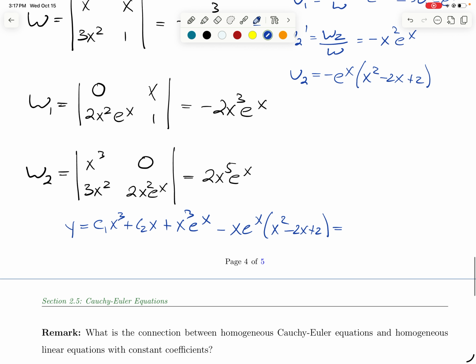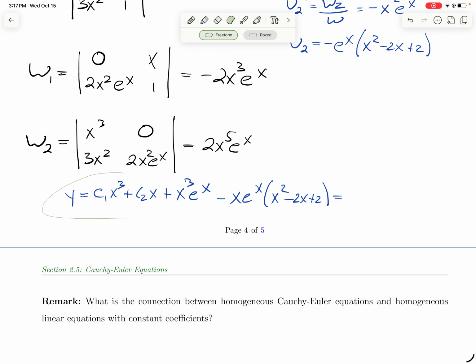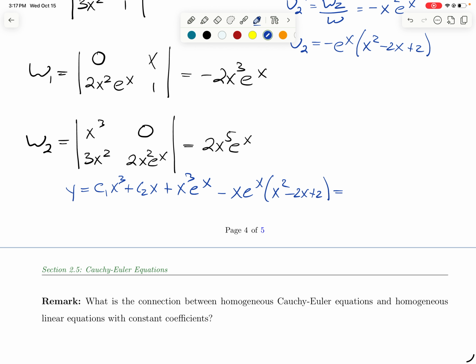We're going to end up with y equals c1 x cubed plus c2x plus, and if you factor out, you're going to get 2x e to the x, and you're going to be left with x minus 1. And so that's it. That is the solution to this differential equation, and we're good to go.